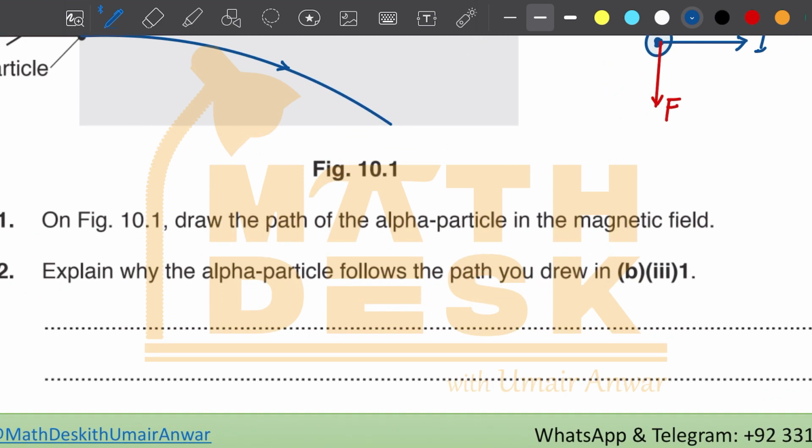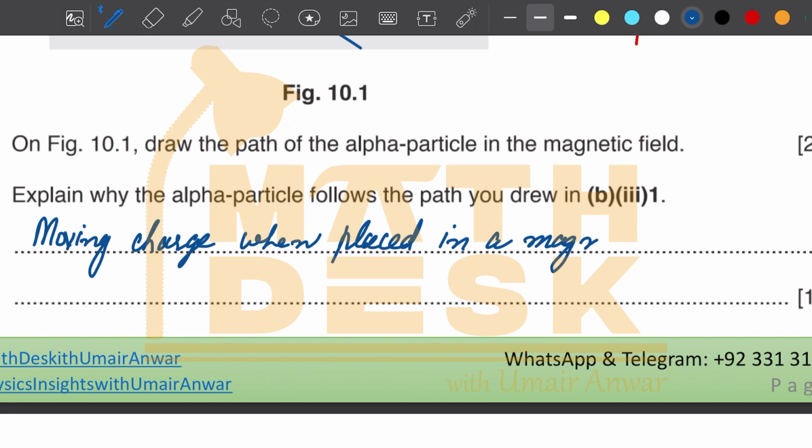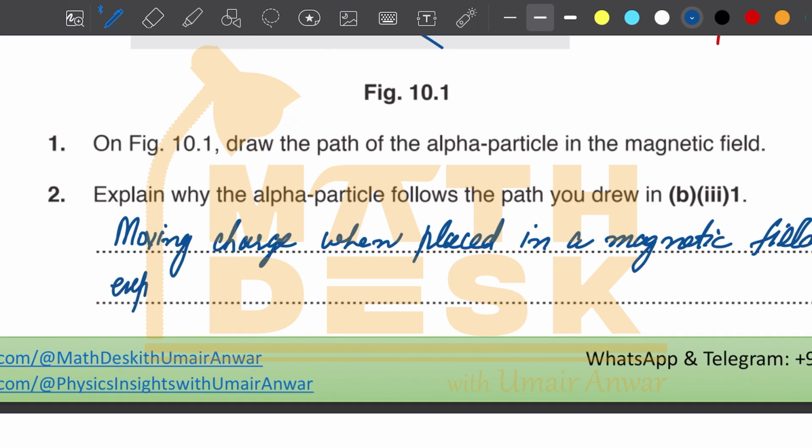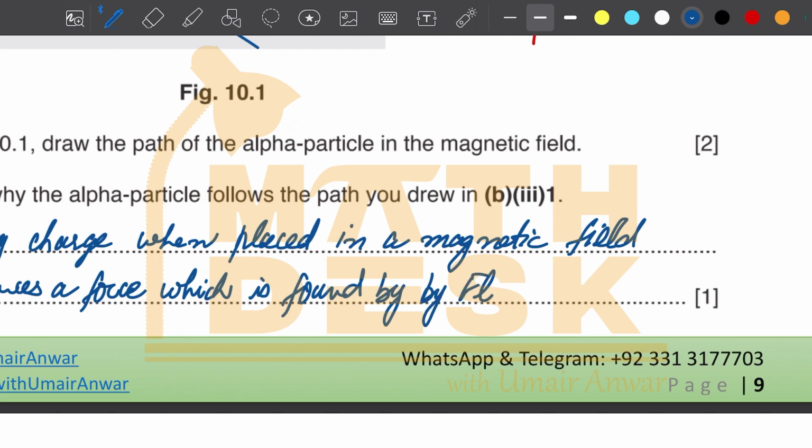So it is following the path because a force is acting on it, and this is called the motor rule: a moving charge placed in a magnetic field experiences a force, which can be found by Fleming's left hand rule.